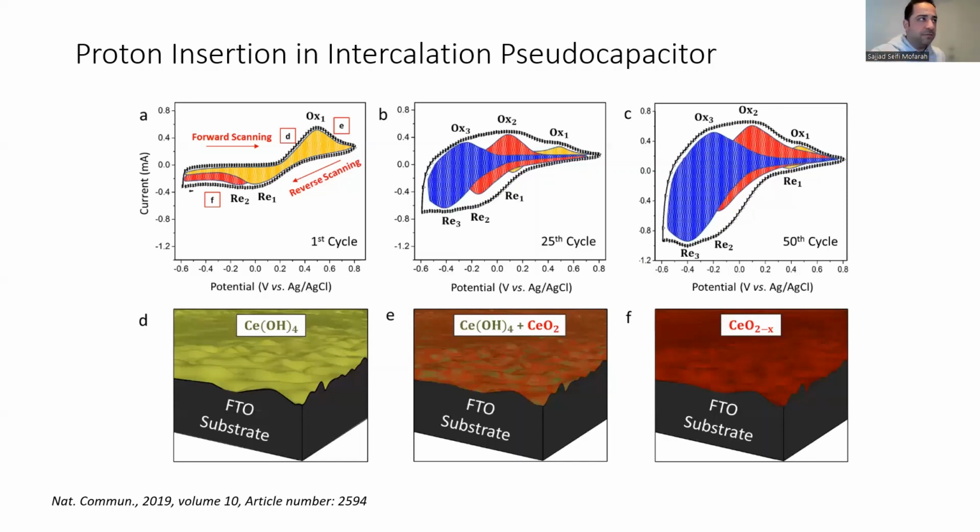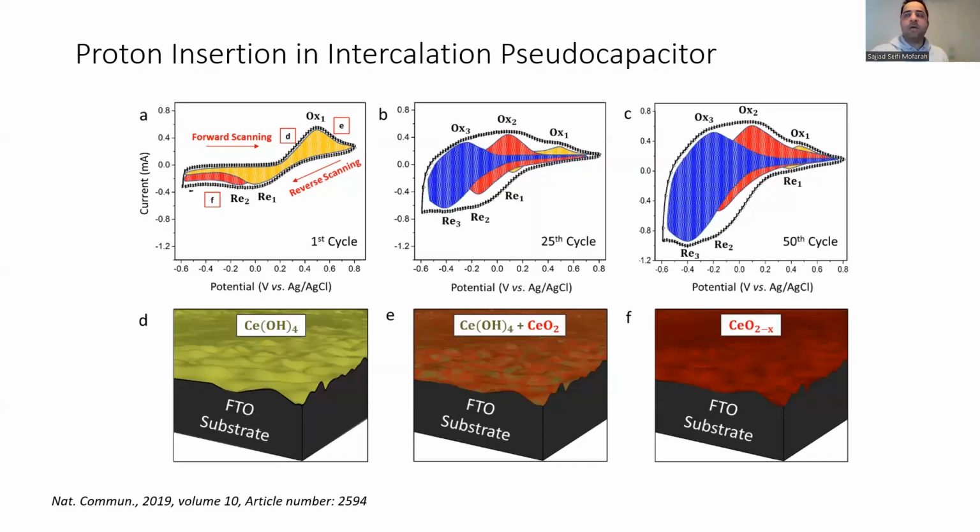The blue shaded region shows that if you form oxygen vacancy in your cerium oxide, now you have proton intercalation in your system. And that is exactly what we can see in ruthenium oxide, having redox pseudocapacitance behavior because of hydrous layers across grain boundaries. And this is what we got when we made cerium oxide.